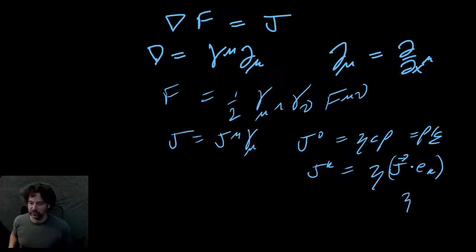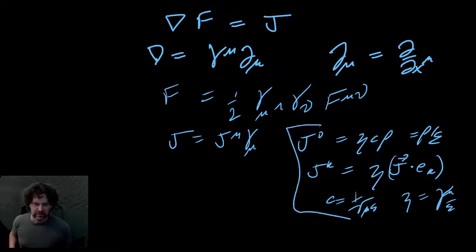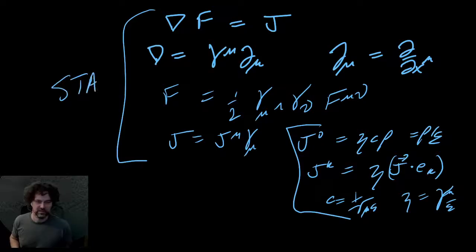And eta, for reference, was square root of mu over epsilon, and c, which is in here implicitly, c was 1 over root of mu epsilon, and mu is not in the picture in this representation. Anyway, this was the space-time algebra form of Maxwell's equation.